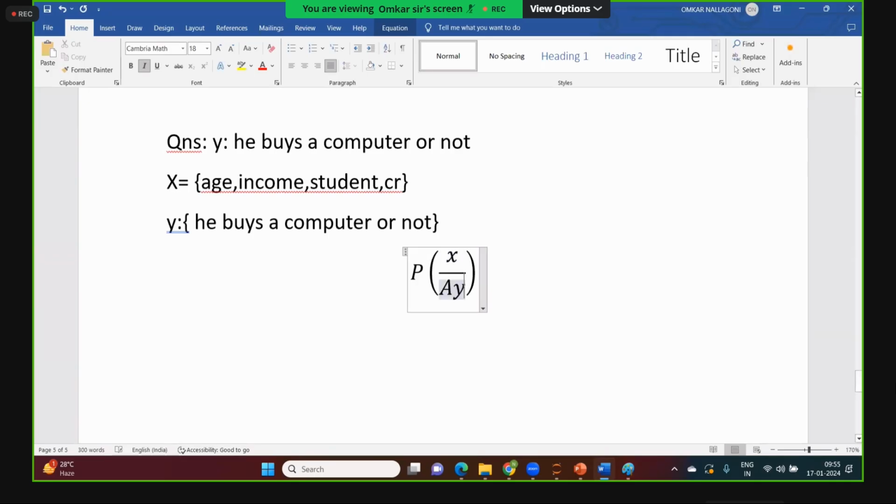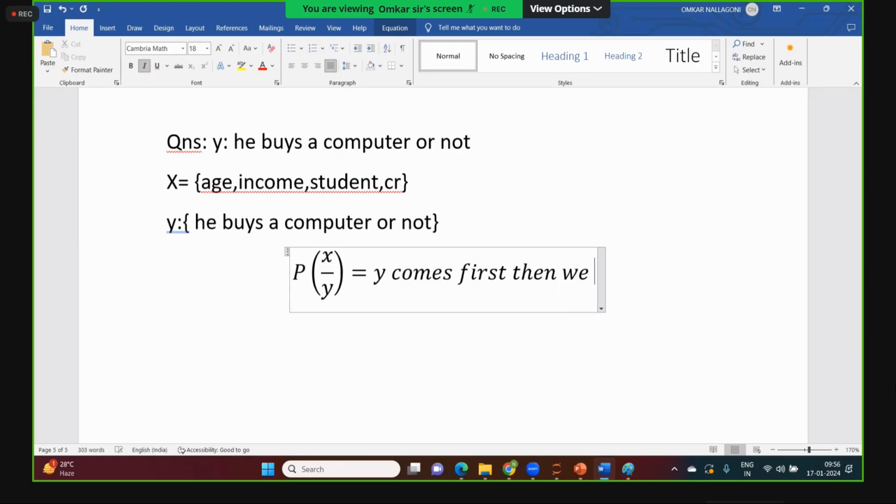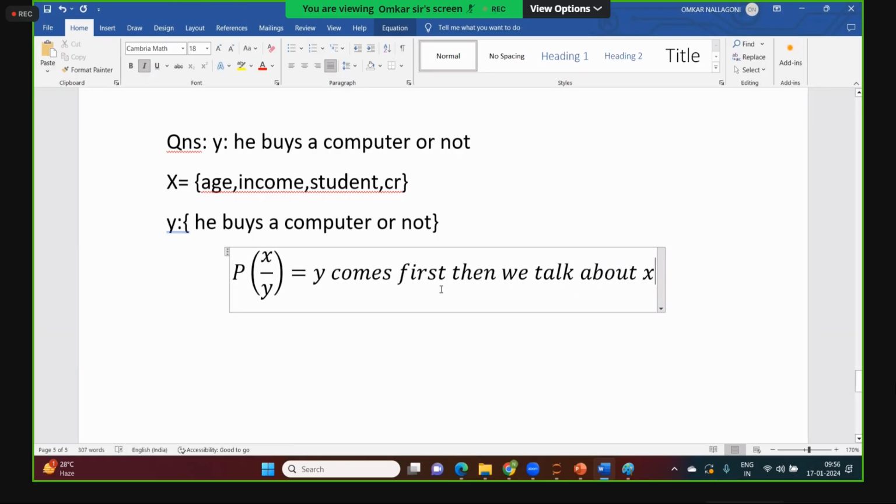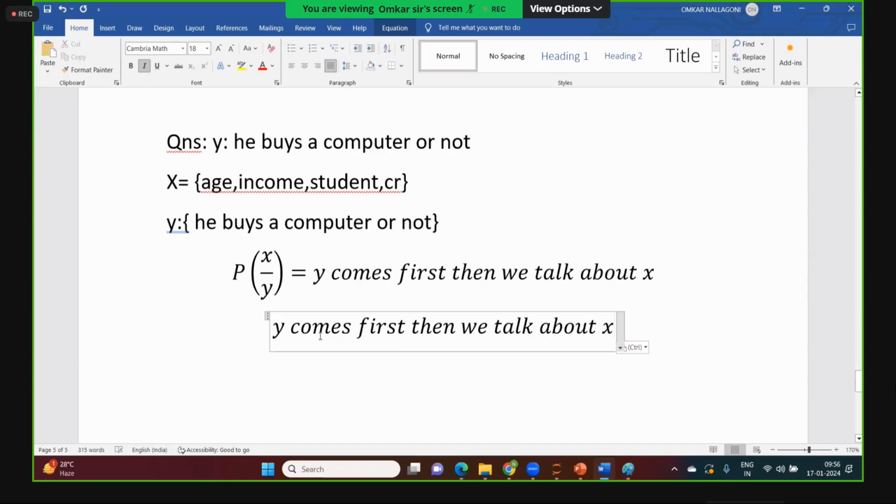P of X by Y, what is the meaning of this? Who will come first? Y comes first, then we talk about X. That means the output will come first, then we talk about the input.